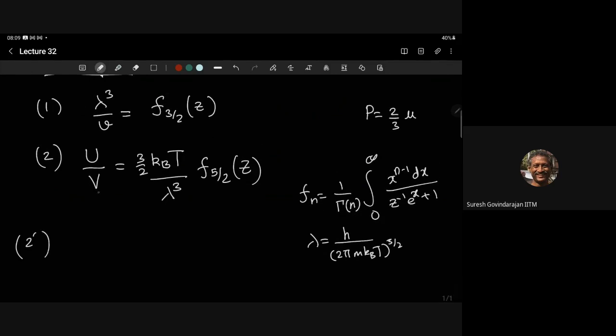Little v is capital V upon N. So if you just divide out, you will get u by n equal to 3/2 kBT, and we can trade lambda cubed for v, times f_{5/2} over f_{3/2}.